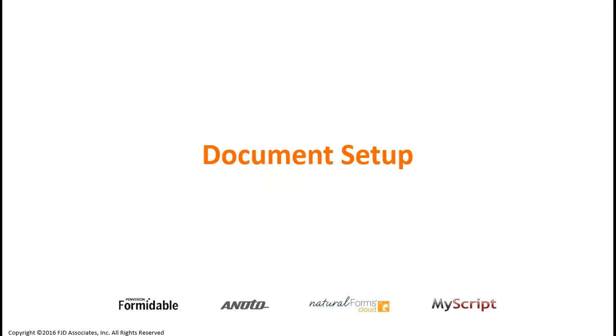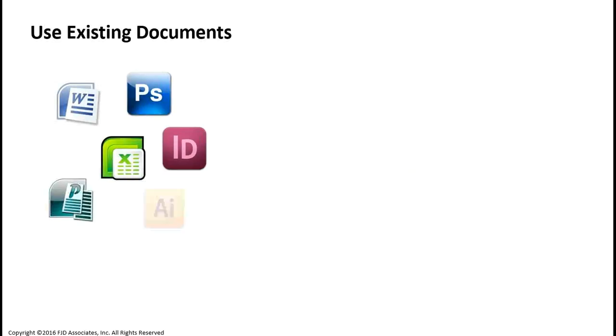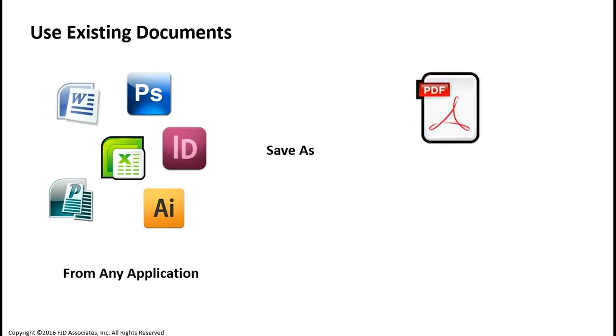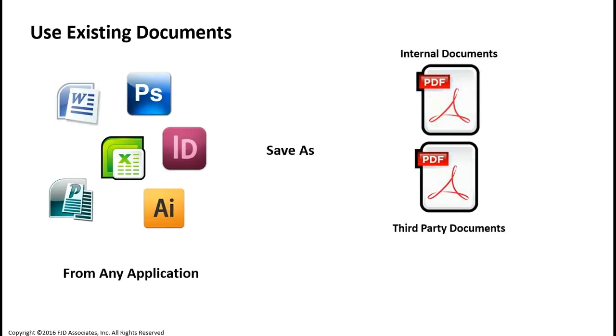The best way to show you in terms of how to use digital writing is actually show you how easy it is to get a document into digital writing. You're basically going to use all your existing documents created in any software you have at your disposal. This could be Microsoft Word, Excel, Publisher, Illustrator, doesn't matter. All you're going to do is, after you create the document, turn it into a PDF.